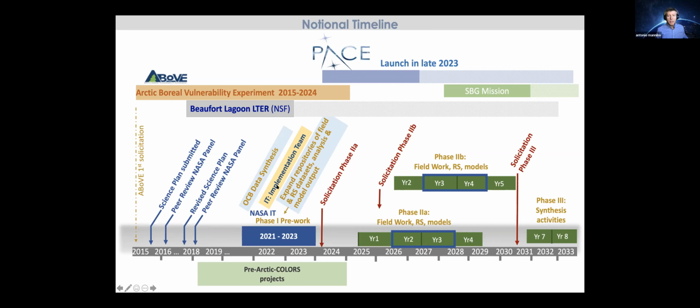But in that interim, we expect there to be this phase 1 Arctic Colors activity, which is to expand data repositories, remote sensing data sets, and also modeling development and analysis. I would want to point out that NASA has been supporting a number of projects that fall under pre-Arctic Colors, and then just the notional schedule for field work and other research activities.